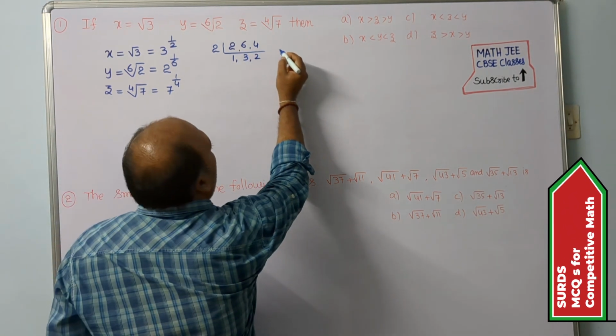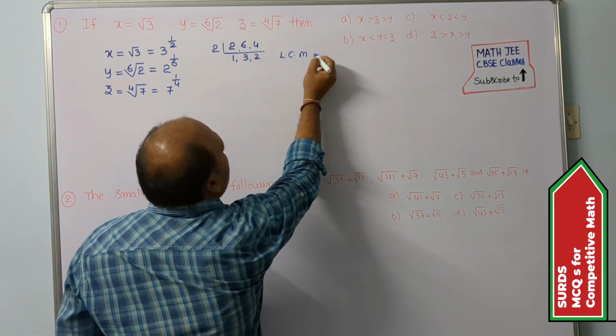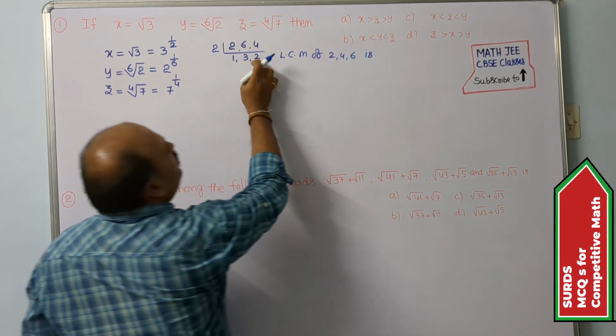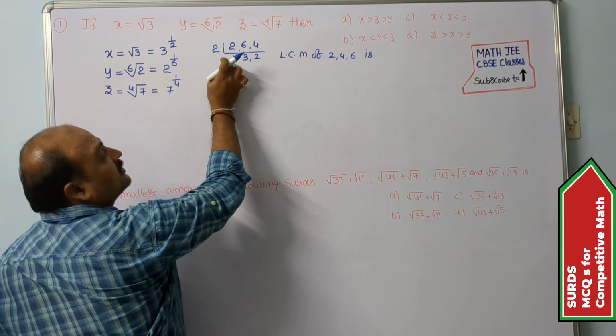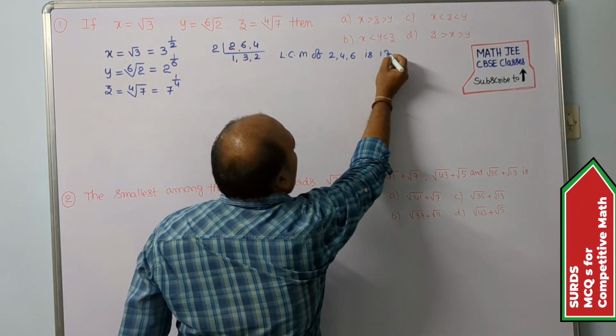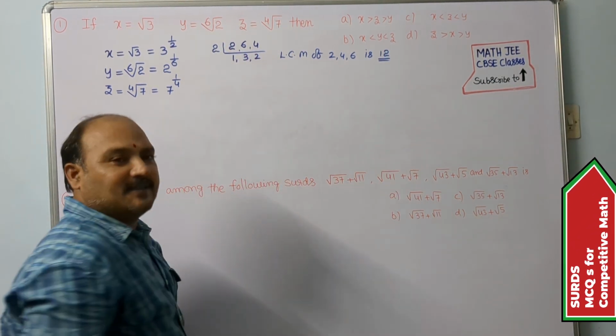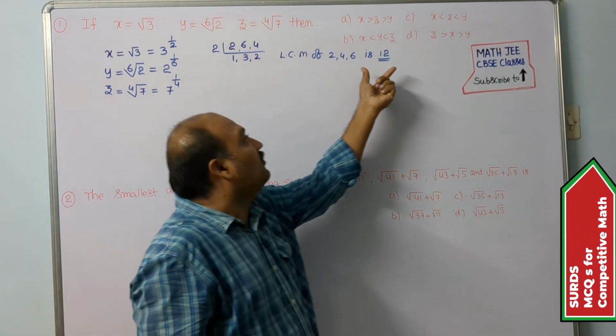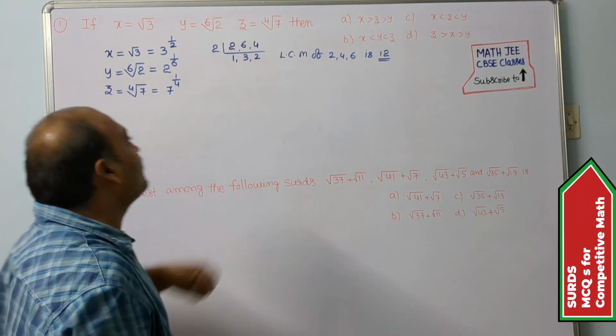The respective orders are 2, 6 and 4. For this you have to take the LCM, dear students. The LCM of 2, 4, 6 is 12. So what do we have to do with this LCM? For every surd, you can raise it to the power of the LCM of these orders.